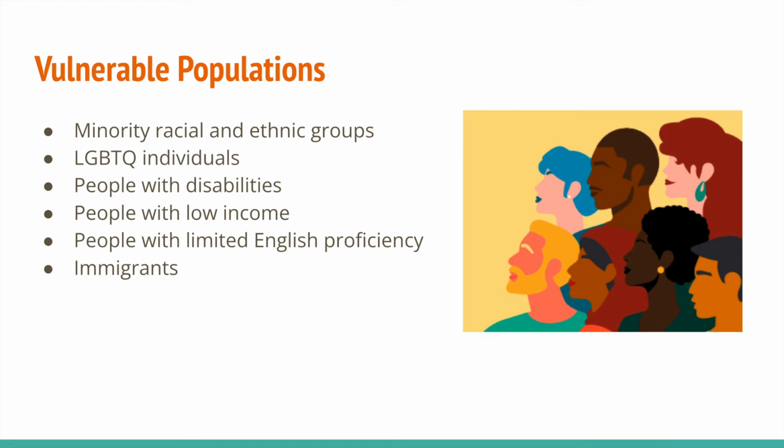People with low income, including those living in poverty, are at greater risk for numerous adverse health outcomes, such as shorter life expectancy and higher infant mortality rates. Compared to people with higher incomes, people with low incomes are less likely to have health insurance and have ready access to primary and specialty care.